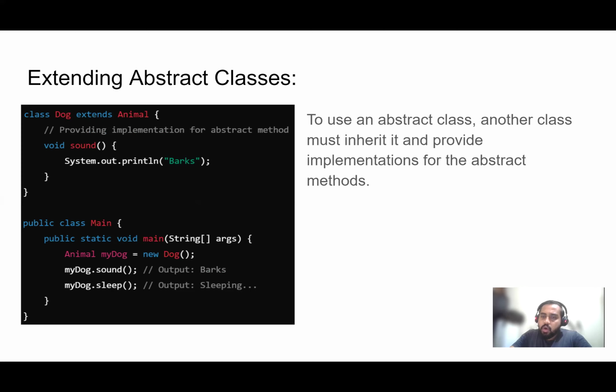This child class will have all the methods and fields from its parent by default. If they want, they can override the existing logic, or they can keep it as it is. So this is the concept of inheritance.